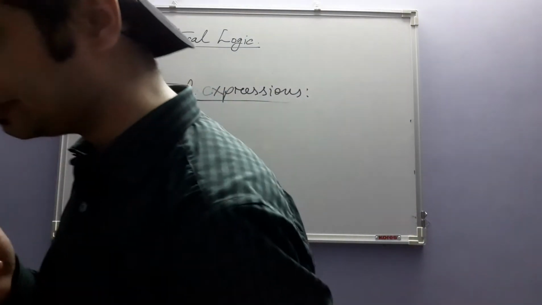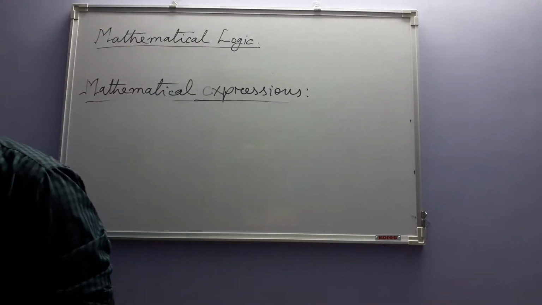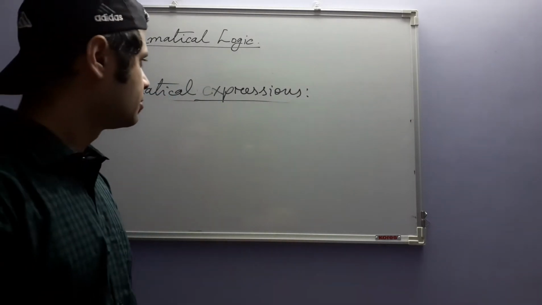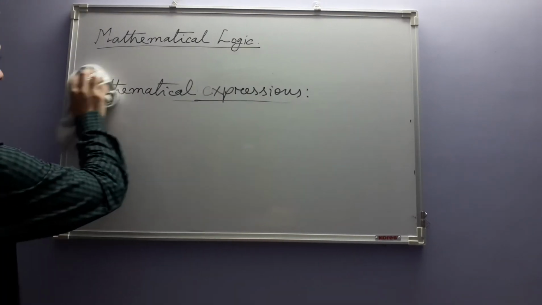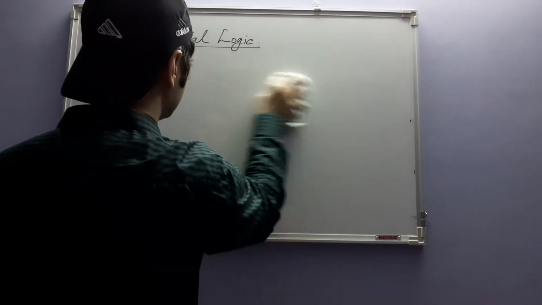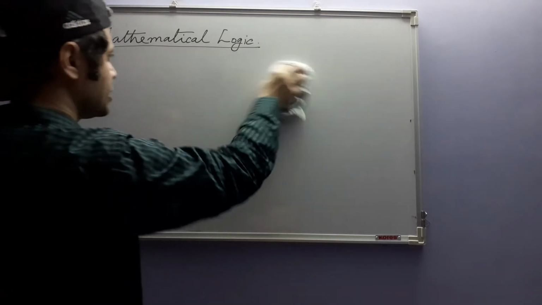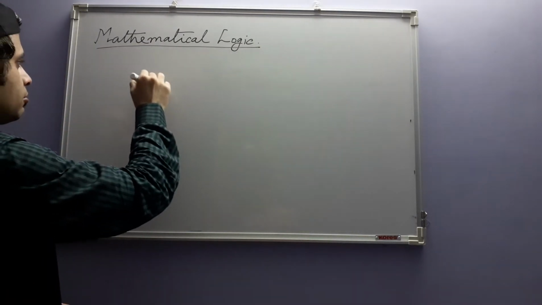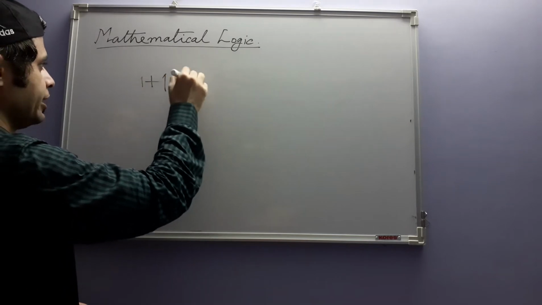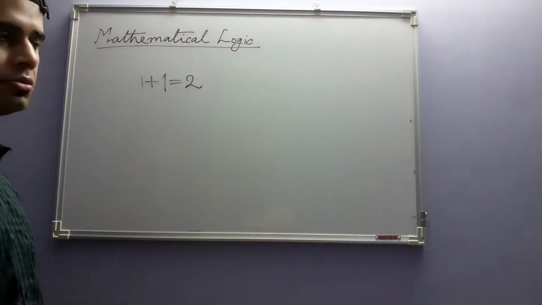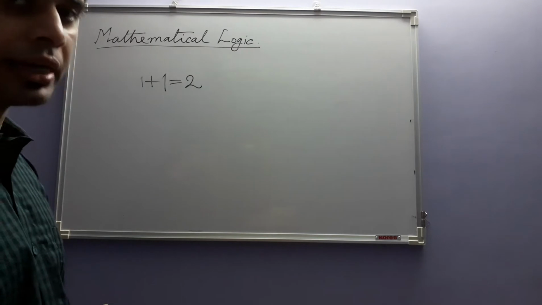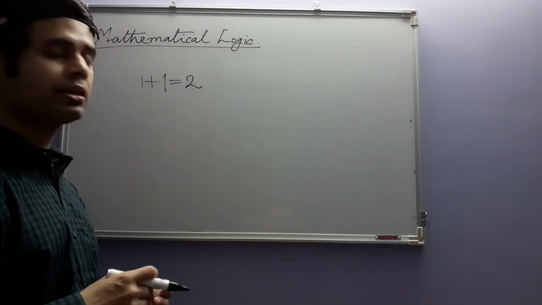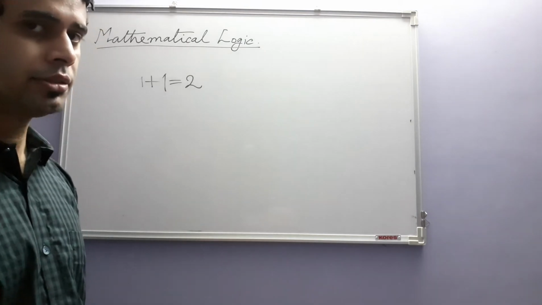So that's the thing. Now, just like one can add two numbers to get a new number, we can add or combine two mathematical statements to make compound statements.